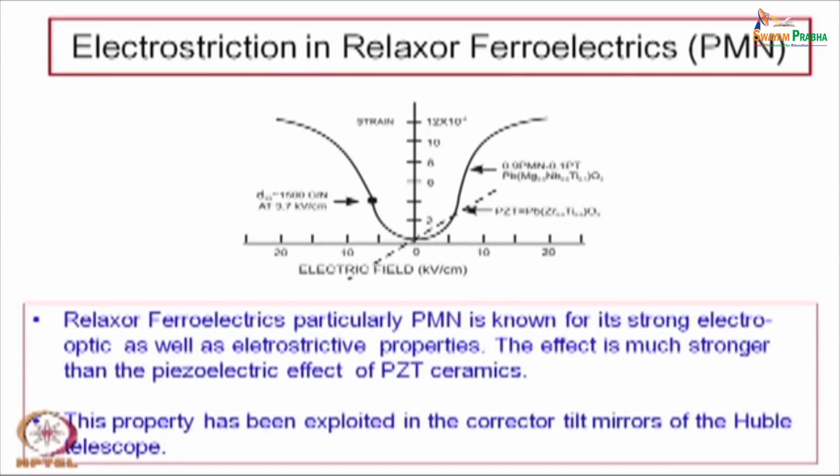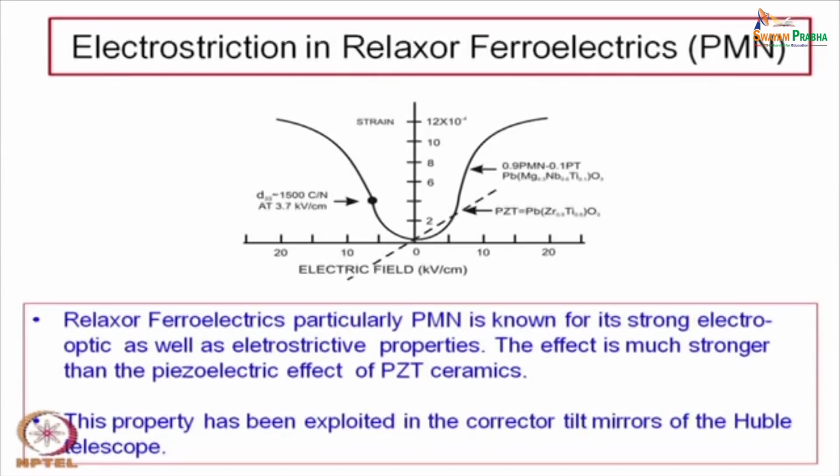The relaxor ferroelectric materials are also characterized by another very important property, that is the electrostrictive property. As you have discussed earlier, electrostrictive properties have some amount of similarity with the piezoelectric property, where as a function of applied field there is a strain; the dimension changes as a function of applied field.